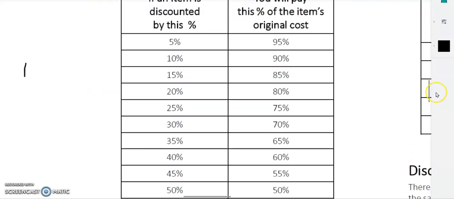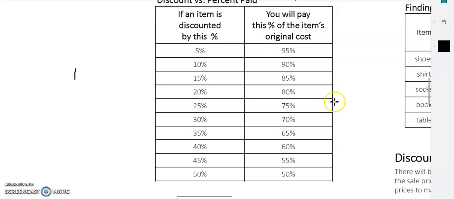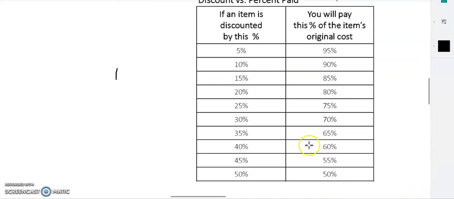Okay, so primarily here, what we're talking about first is just discounts. And discounts are often made at a specific percentage. Okay, so this is the first table here in your packet, and we're going to talk about this for a sec. So, right, the total cost of any good like this is 100%, right?